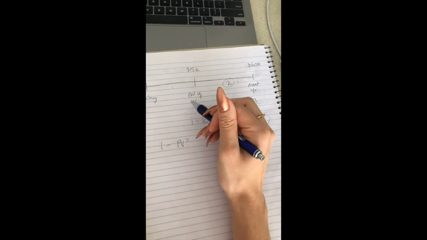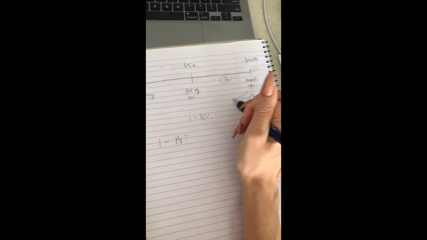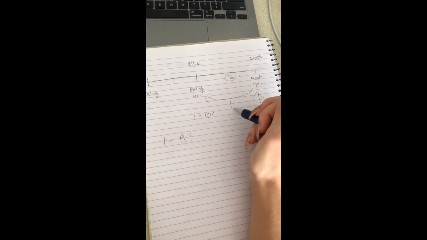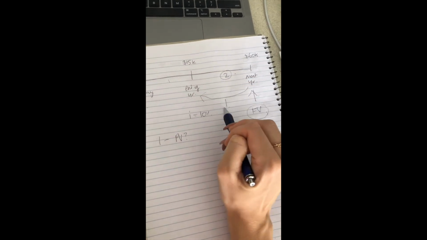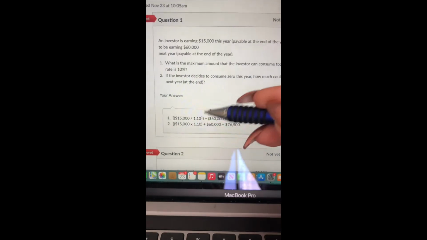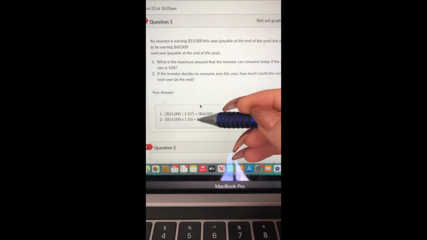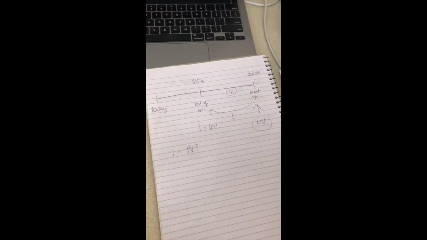But this 15,000 here, we do need to manipulate. How many periods are we going by? Just 1. So we need to increase our FV for here by 1 period. If we look at the answers, that's what's happening here with the 10%. Plus 60,000 because that's in today's money, so we're getting 76,500. So hopefully that little timeline helps you.